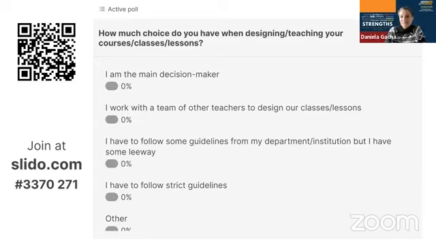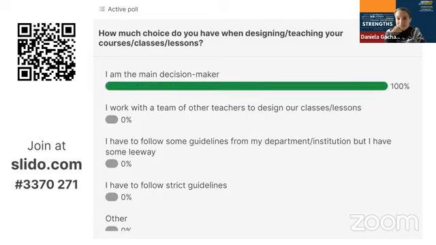When we talk about learning design, we kind of assume that we have control over the design of our courses, and that we have agency to make decisions about our courses. We don't want to assume that. So we'd like to ask you, how much control do you have when you design or teach your course? Are you the main decision maker?